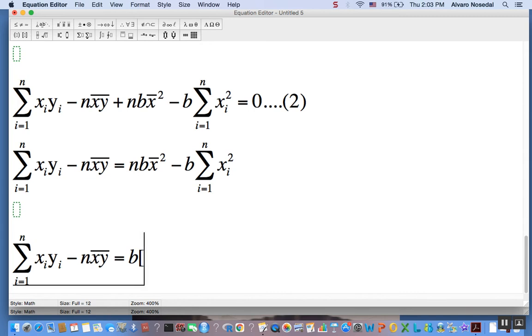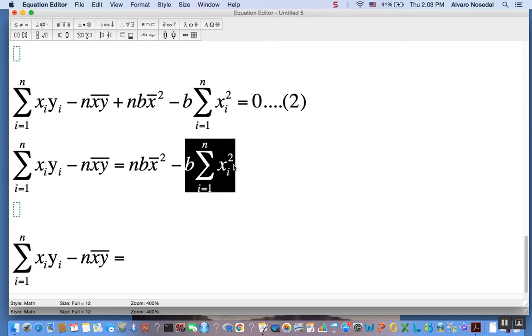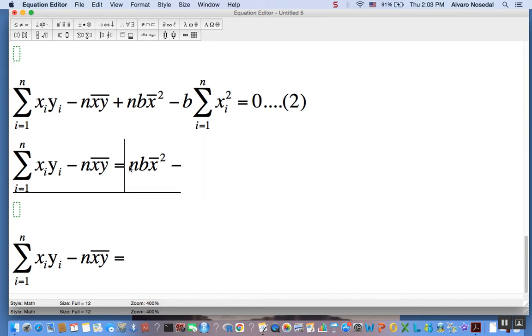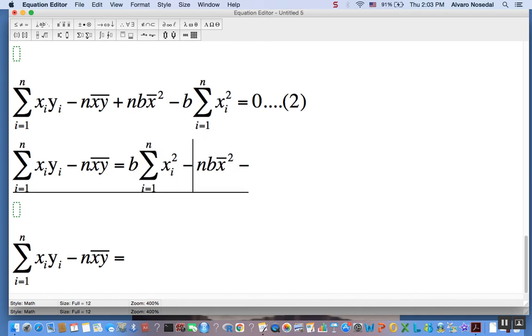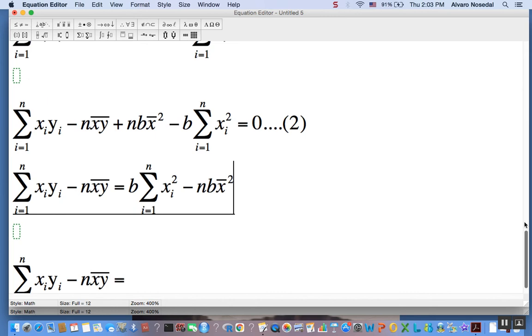Let's just be careful, okay? So here, up to this point, we agree, right? But then what I did is I moved these to the right hand side. So this one, instead of a minus, should be a plus, and this one, instead of a plus, should be a minus. That's better, right? Just to make sure that everything is okay.